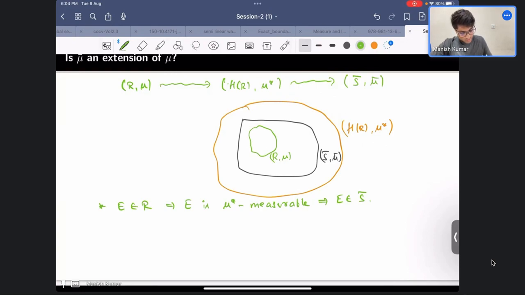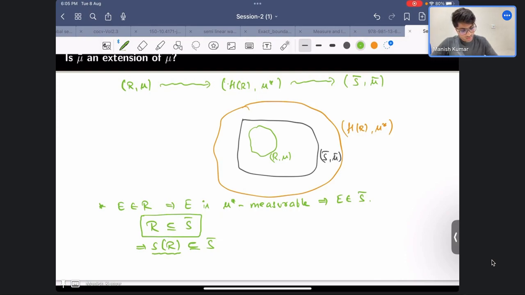This would simply mean that the set R is a subset of S bar, and this would imply that the sigma algebra generated by R, which is S(R), will also be a subset of S bar. Why? Because this sigma algebra is the smallest sigma algebra which contains R, and S bar is also a sigma algebra which contains R. So this S(R) must be contained in this S bar. This particular thing, that R is contained in S bar, is the reason why I was drawing this S bar containing this R set.